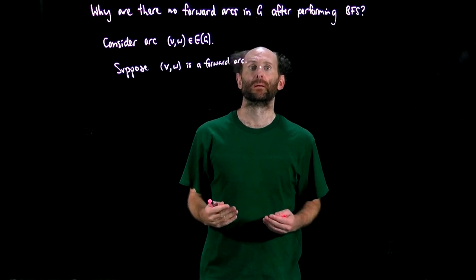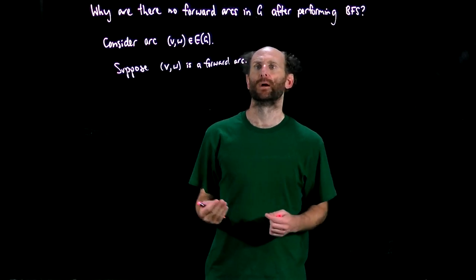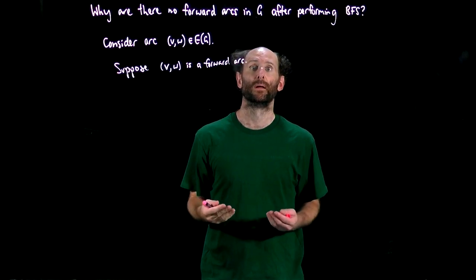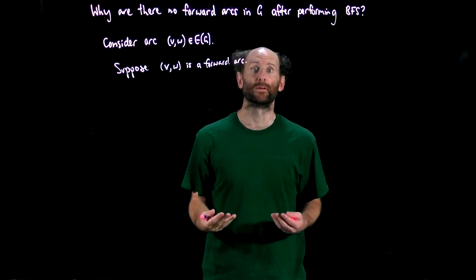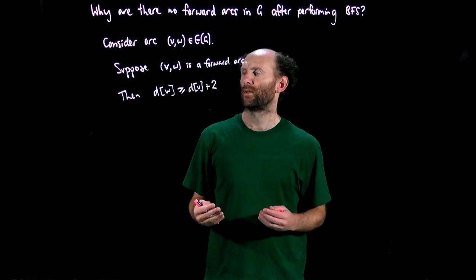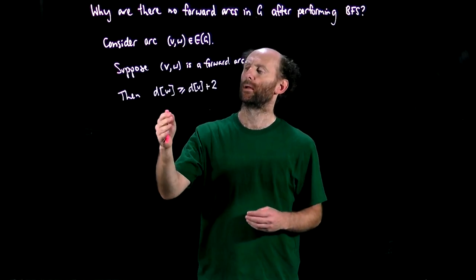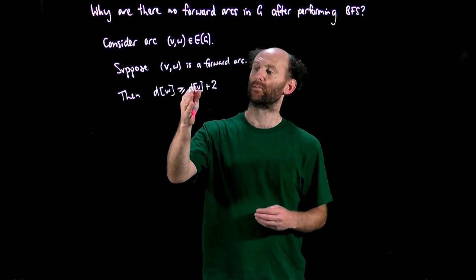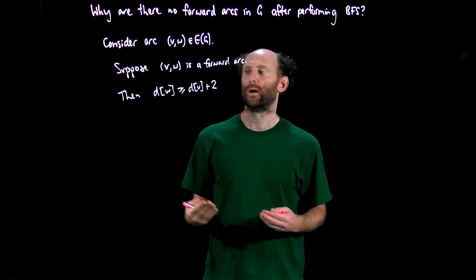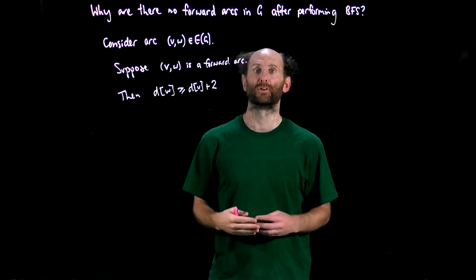What does that mean? It means that W is a descendant of V in the search tree. Then the depth of W in the tree is at least 2 greater than the depth of V, since we can't have that dW is equal to dV plus 1, otherwise VW would be a tree arc.